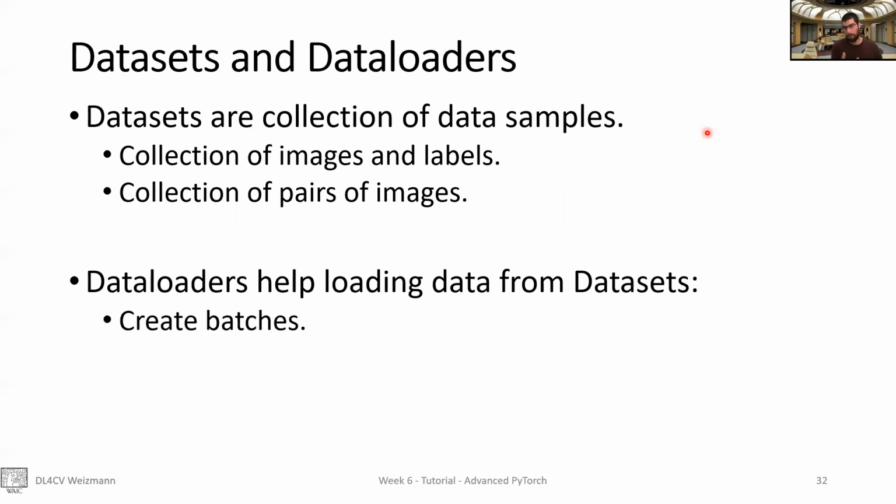The main reason people use data loaders is because they create batches, which are easy to work with in PyTorch, and they also do it very fast. They can utilize multiple cores in your machine and load the data for the next batch while you are running your network on the current batch.